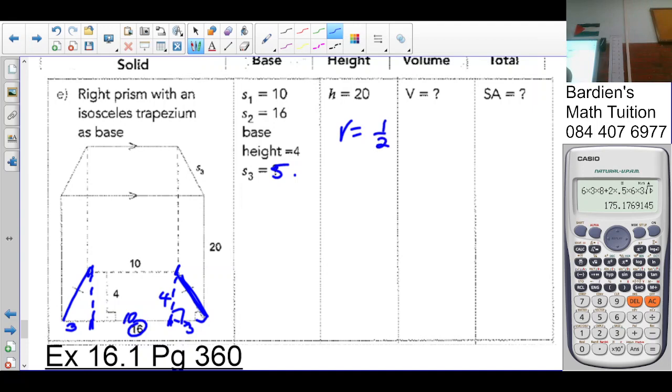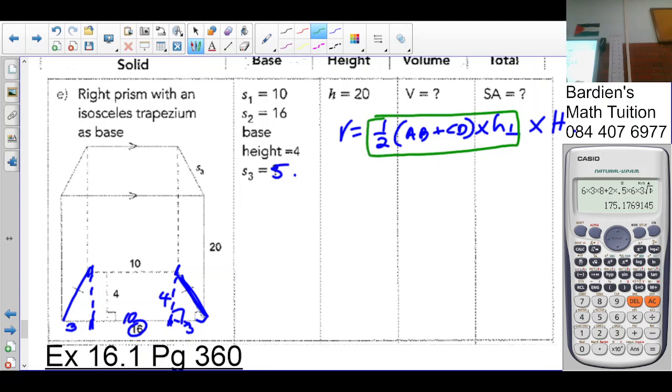It will be half, AB plus CD, times the perpendicular height of the trapezium, times the depth of the object. I'm not sure if you came across the area of a trapezium. Have you done that before? No, write that down. That is for the area of the trapezium.